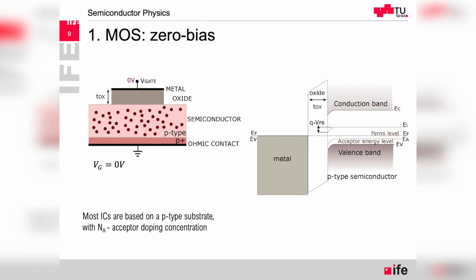And because of the equilibrium conditions, with no current flow, those Fermi levels have to be at a single energy level. And because of that, we have the band bending on the semiconductor side. Depending on the level of doping, on the type of metal, and whether it's P or N-type doping, this bending will be different.